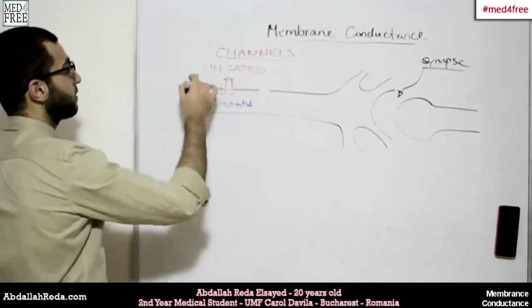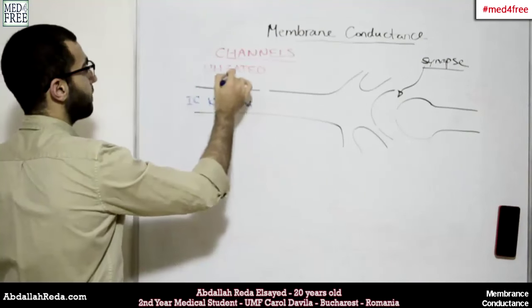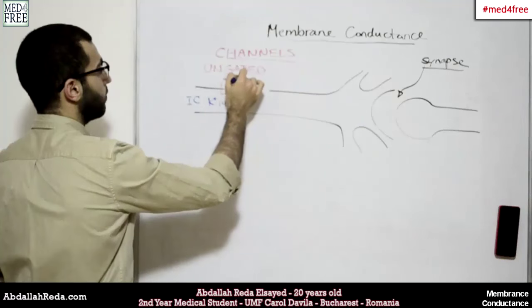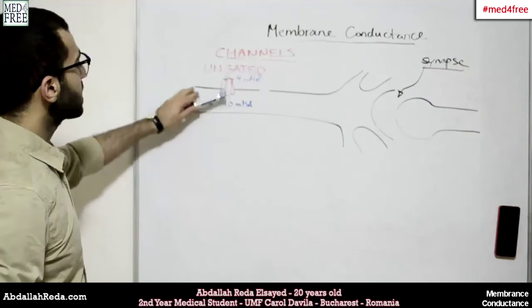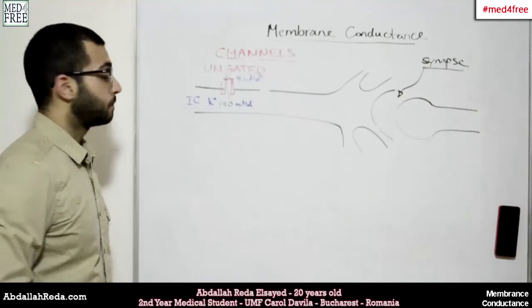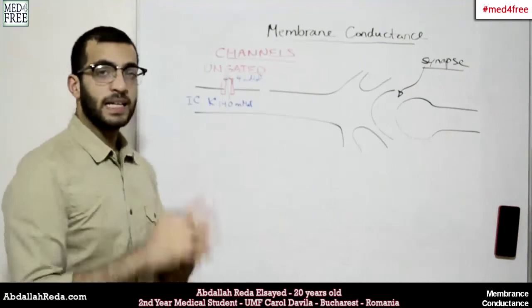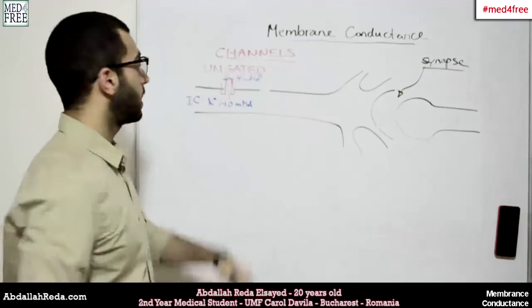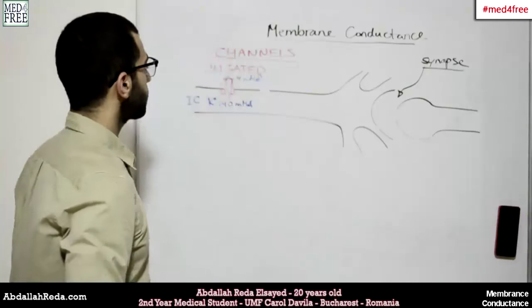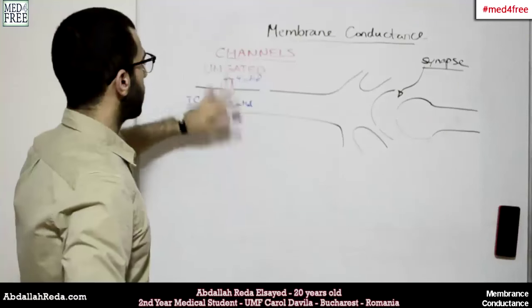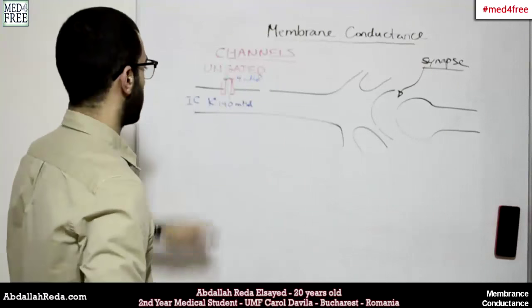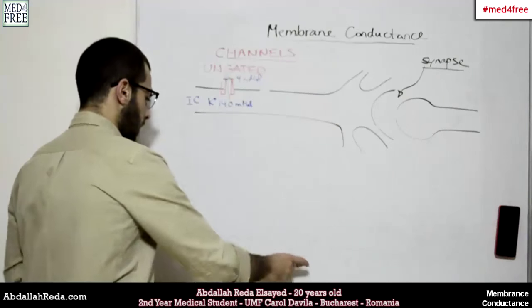Outside, potassium is around 5 or 4 millimoles. So this kind of channels is called ungated because there's no gate on it, it's always leaking. And this kind of channels is found in all types of cells, especially for potassium.